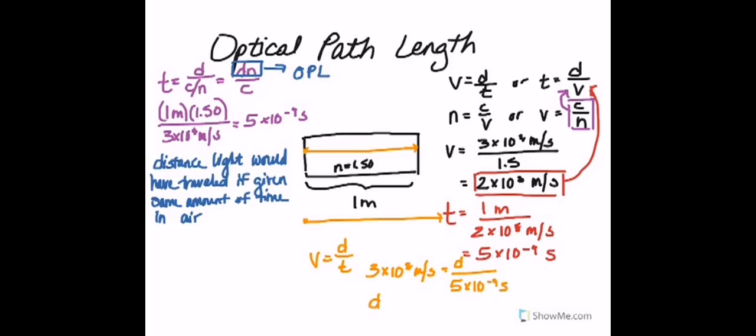And you would find that given the same amount of time, a ray of light in air could travel 1.5 meters.